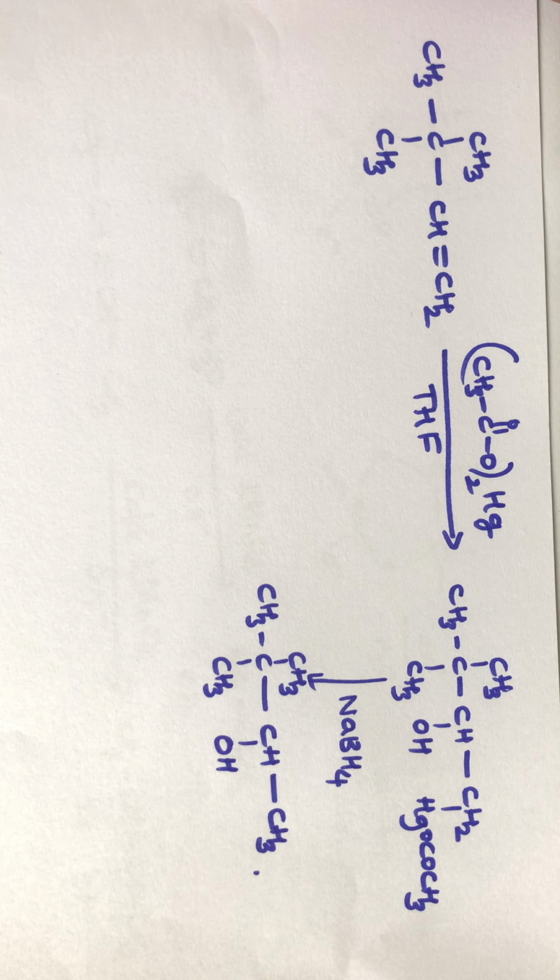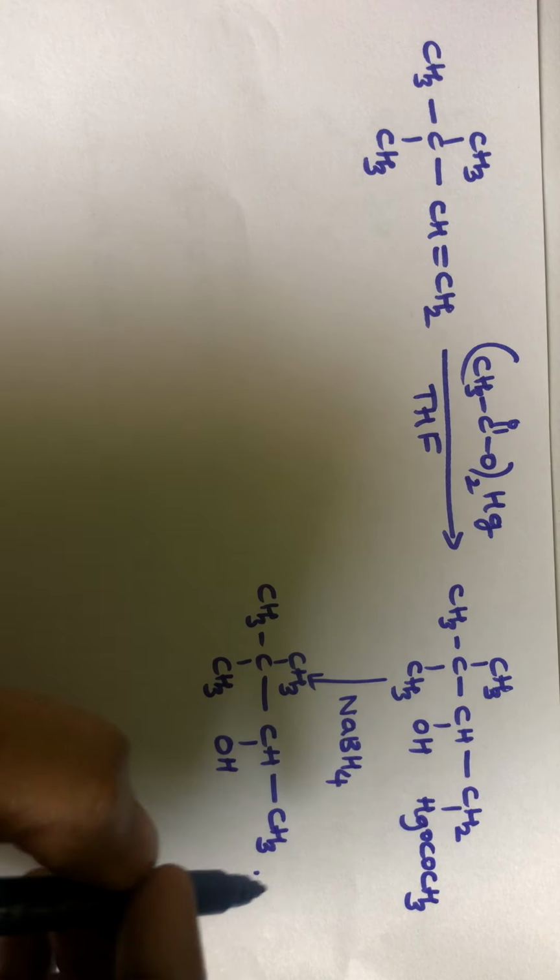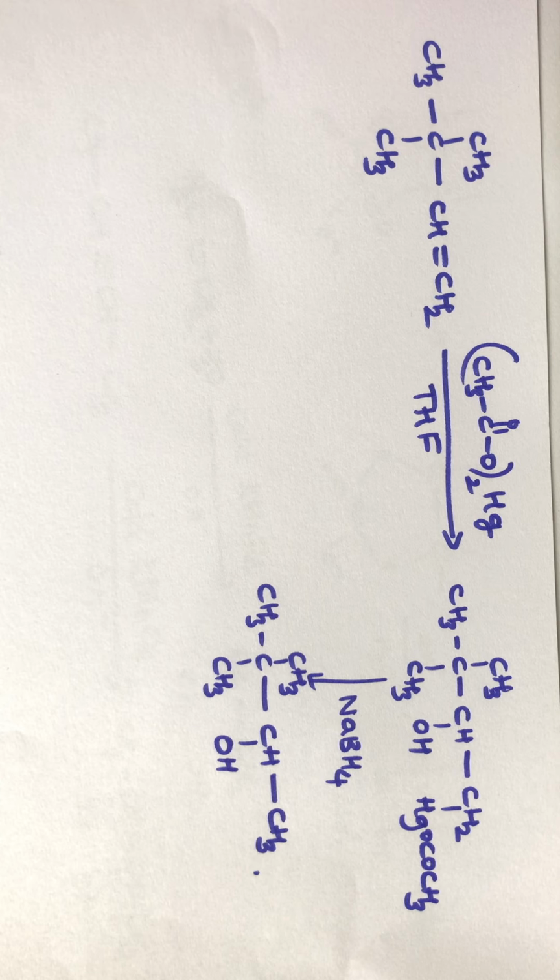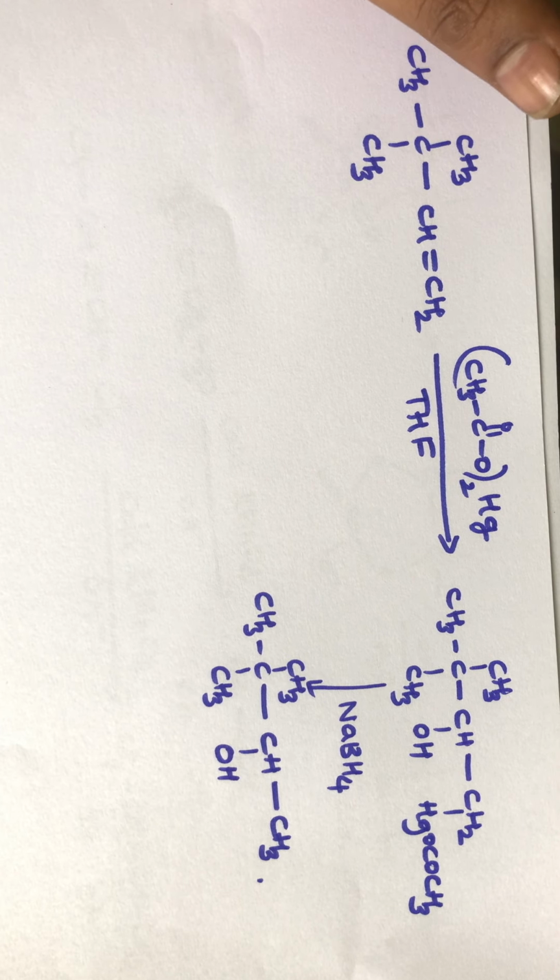So this reaction is also called mercuration demercuration, because in the first step mercuration takes place, in the second step using NaBH4 demercuration takes place. So this was about a few reactions of alkenes.